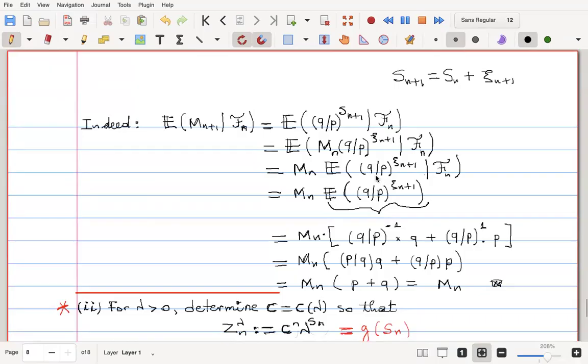Because this is independent of that, a function being measurable or continuous is measurable, so it will be independent of that. So the conditional expectation will just be the expectation. Okay? So that's what we are going to do, and we will substitute.